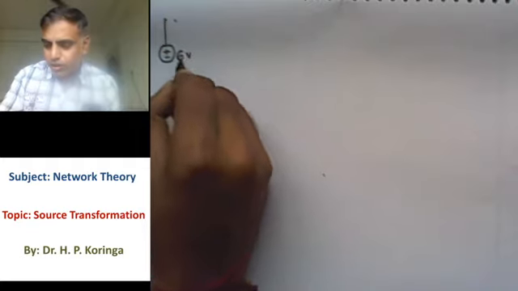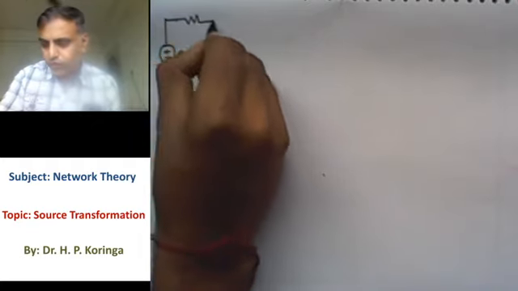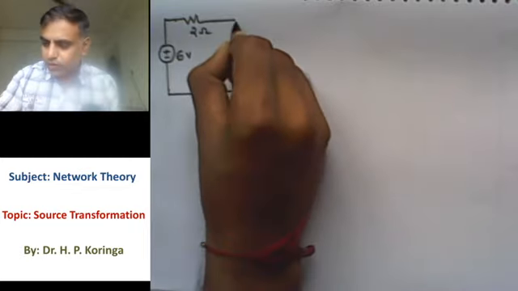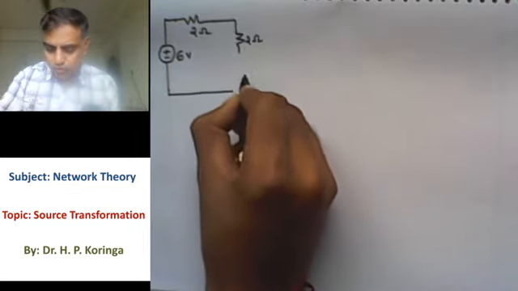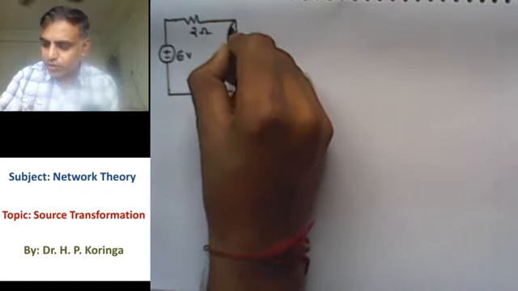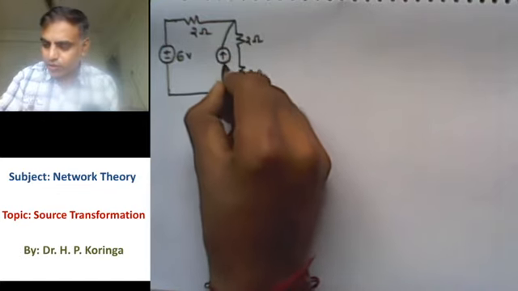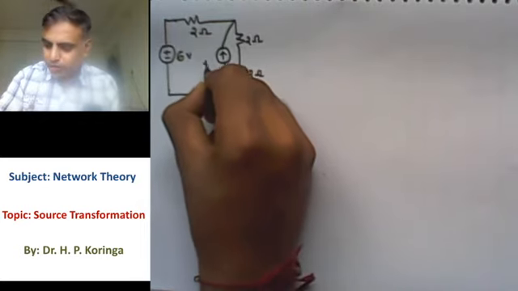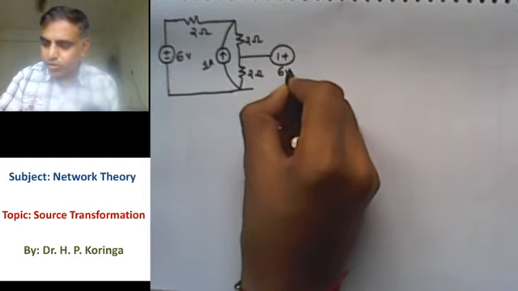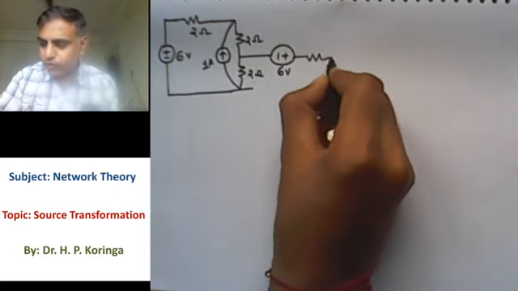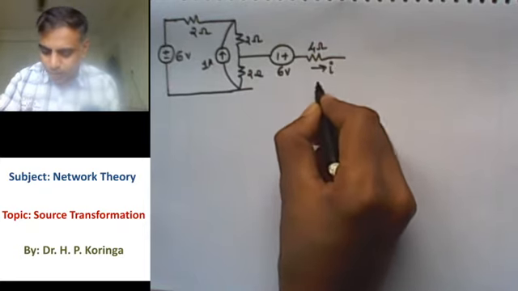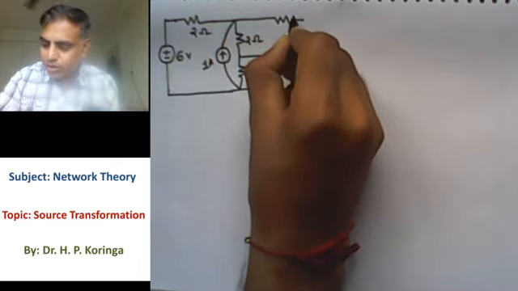A 6 volt voltage source, 2 ohm resistance, here also 2 ohm resistance, here a 1 ampere current source, here a 6 volt voltage source, 4 ohm resistance, and our interest is to find the current passing through this 4 ohm resistance.